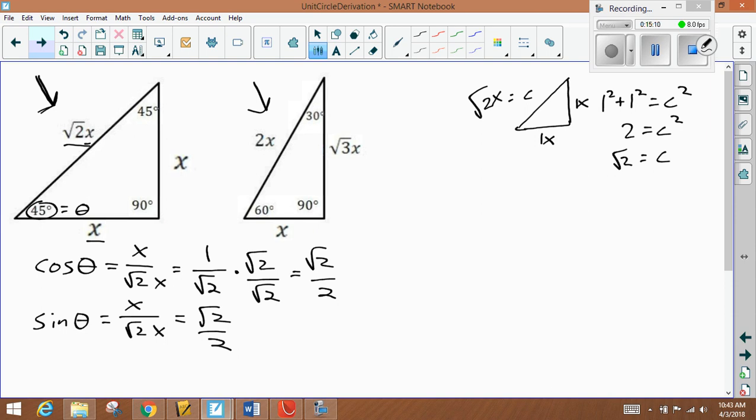The 2x, x, and the root 3x comes from the ratios of the sides of this special triangle. If you were to look at special triangles, you'll see that for one value of x, these will always be true.